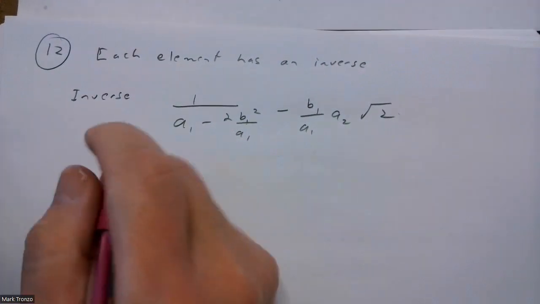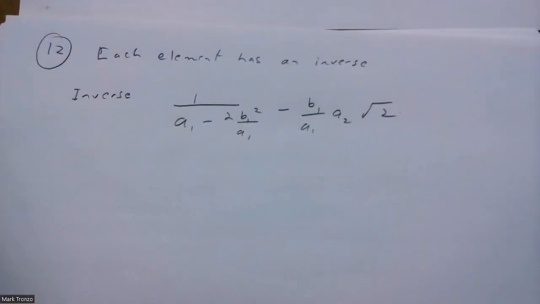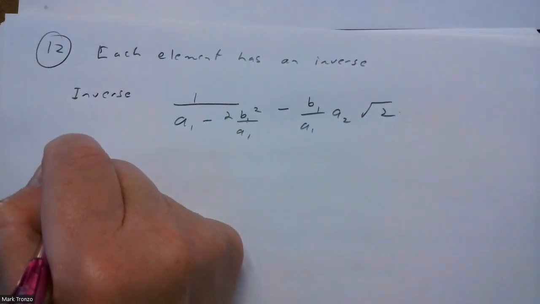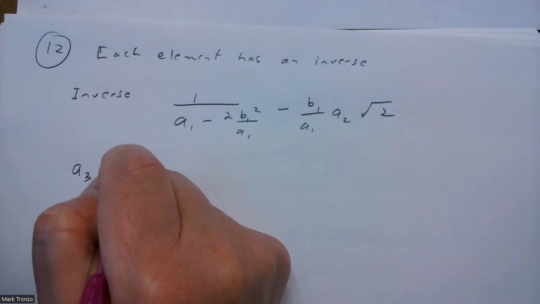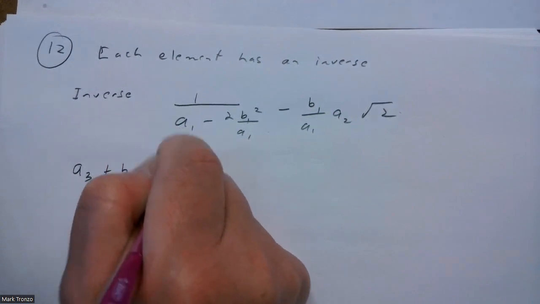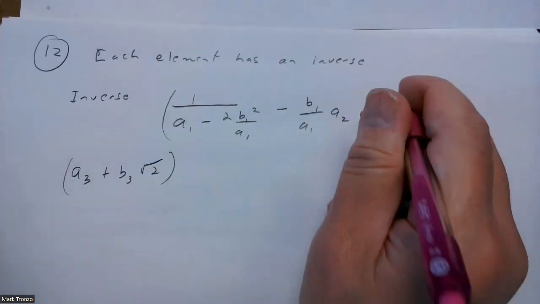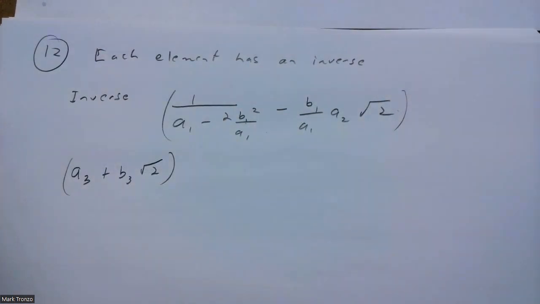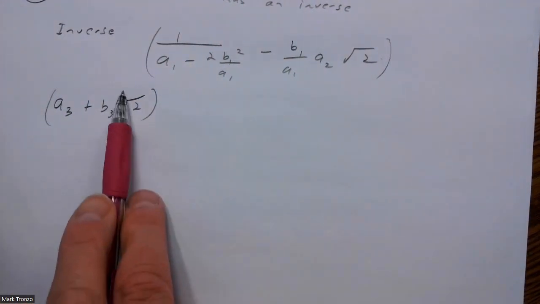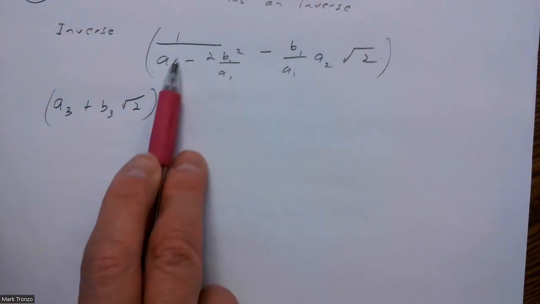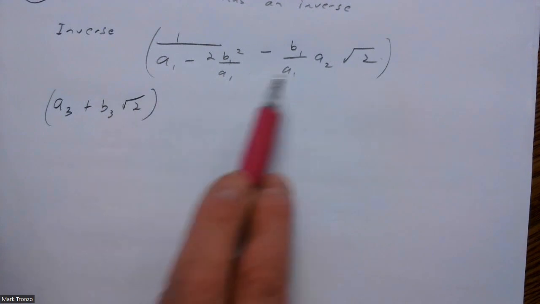Because if we took another element, let me call it A3 plus B3 square root of 2, and took it times this inverse, unless I'm missing something, we're still just going to end up with fractions of stuff.